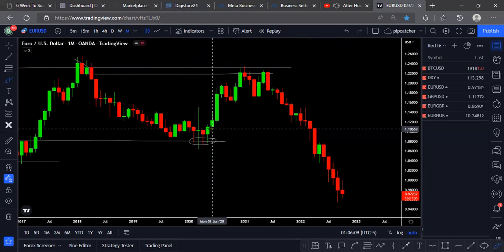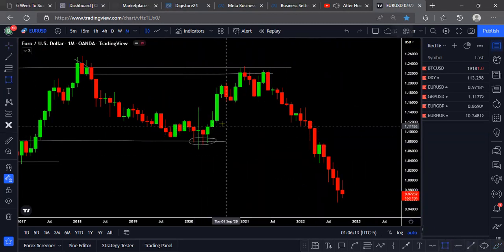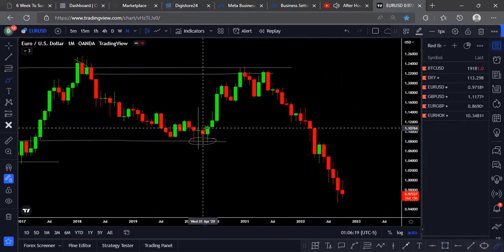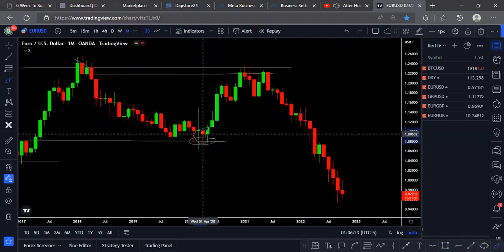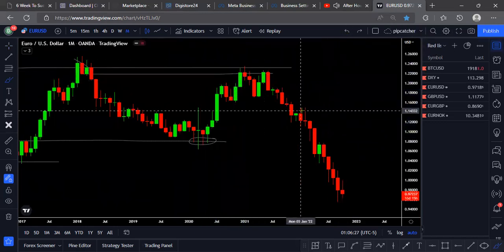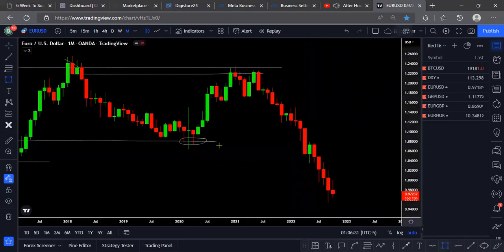This is what's crazy. What happens if I put a box around this last selling candle, right? This last selling candle before this huge buy to the upside. I want you to notice what happens over here.